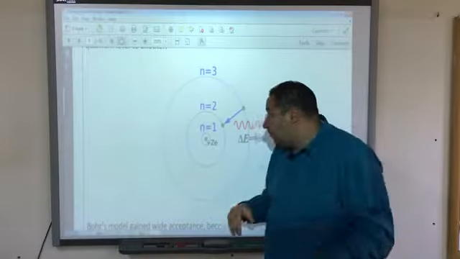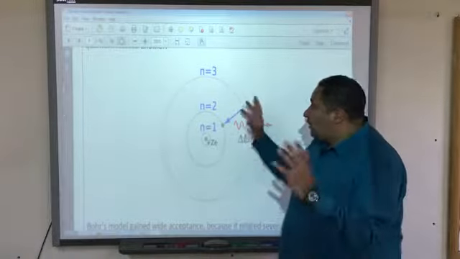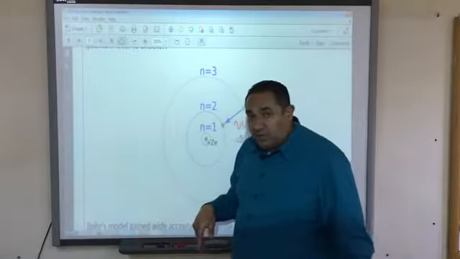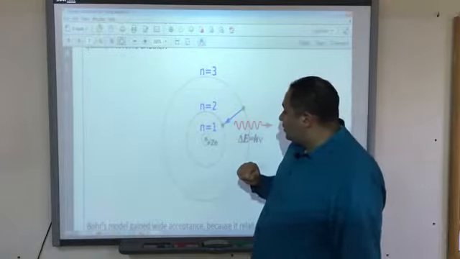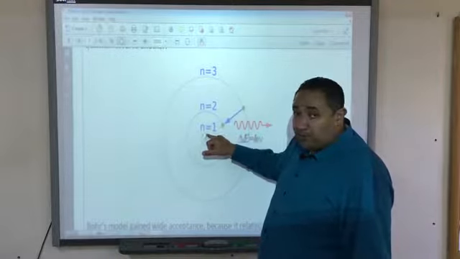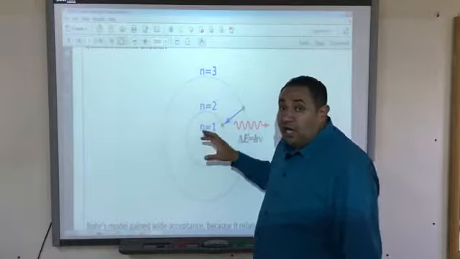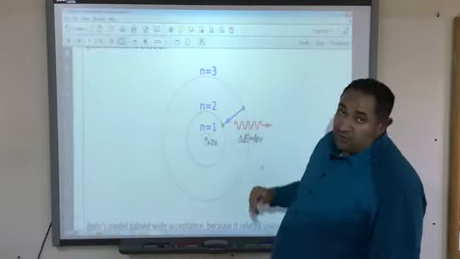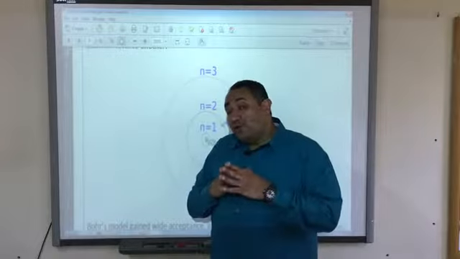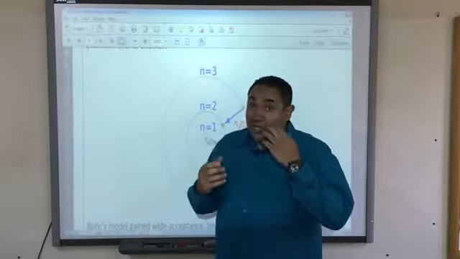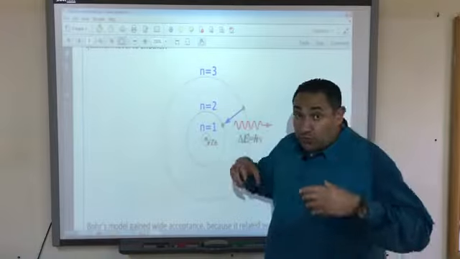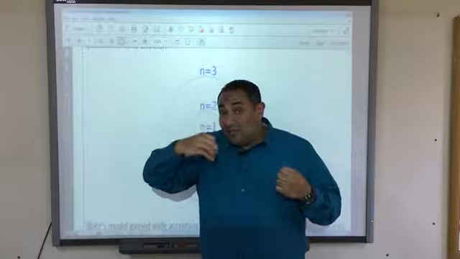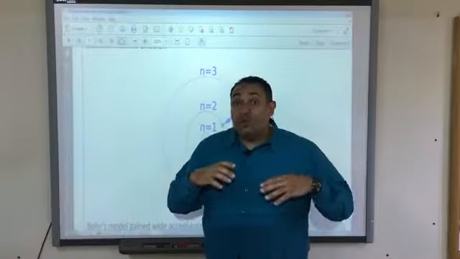It's very simple. The man said, the atom is made of a nucleus in the center and electrons in energy levels: the first energy level n equals 1, level number 2, and level number 3. When the hydrogen gas is exposed to very high voltage, the atoms get excited and the electrons inside these atoms start jumping.